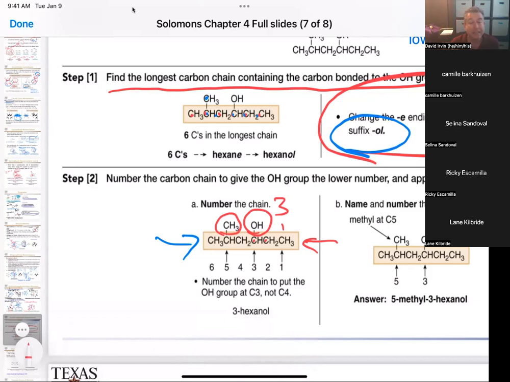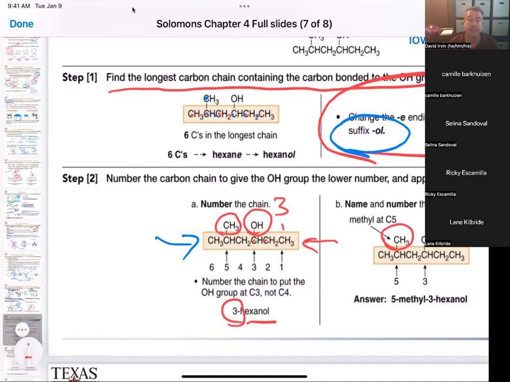Because it's not an E at the end, all we care about is where that OH group is, and we want to have it at the lowest position. So that makes it 3-hexanol because it's the lowest position. So now we're going to add all of our other substituents, okay? Because OH changed the name, it controls the numbering, and then we add everything else, which means our methyl group here is on the 5.